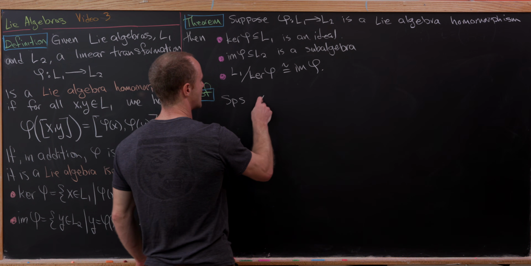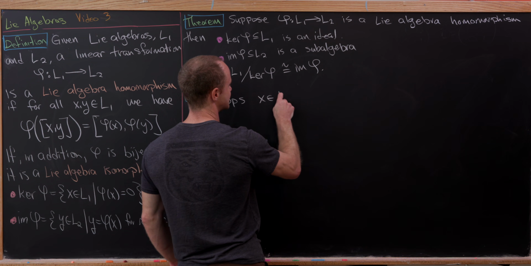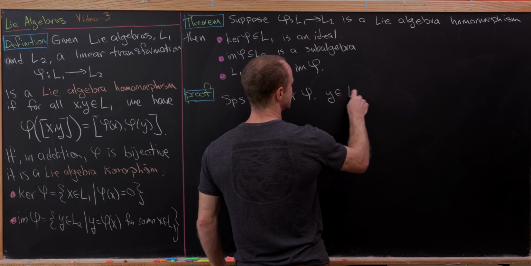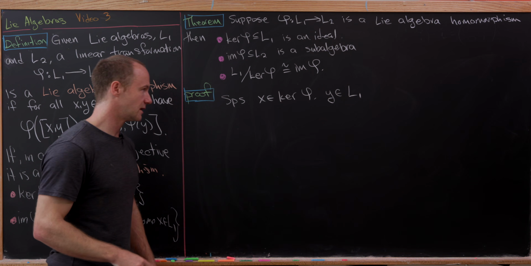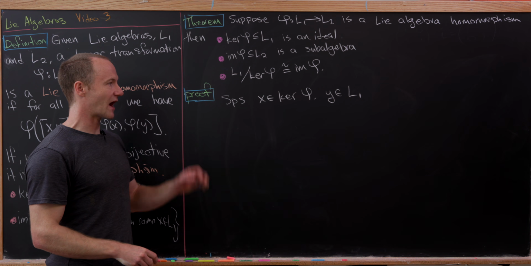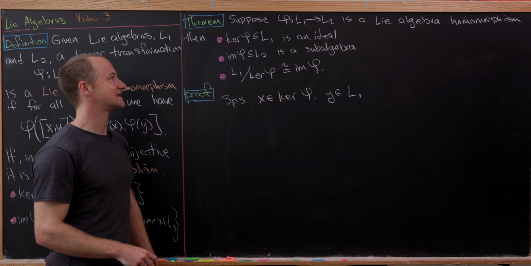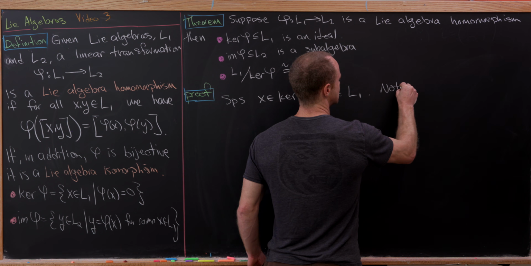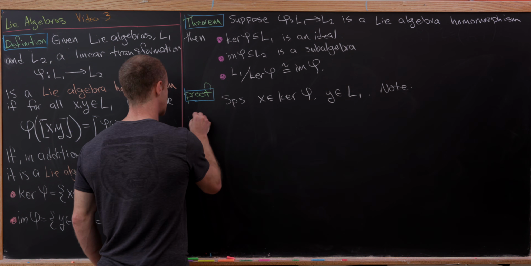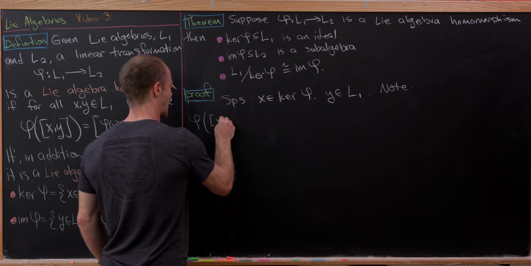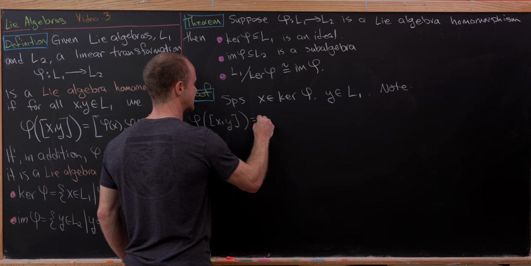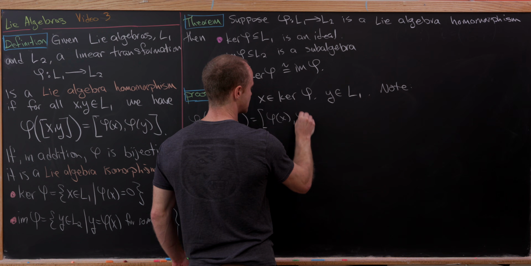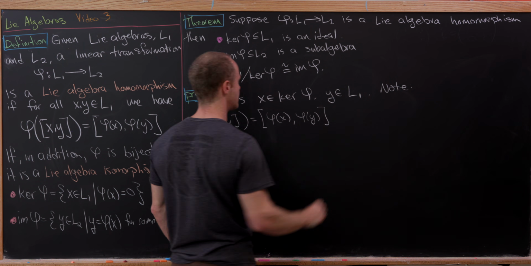Suppose we have x inside of the kernel of phi, and y inside of L1. Our goal is for the bracket of x and y to be inside of the kernel. Let's note the following. Take phi of the bracket of x and y. Since this is a Lie algebra homomorphism, this will be the bracket of phi of x with phi of y.